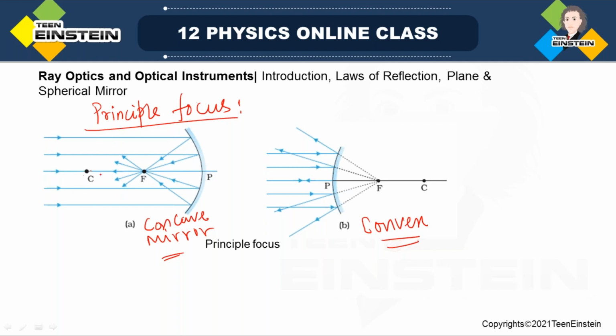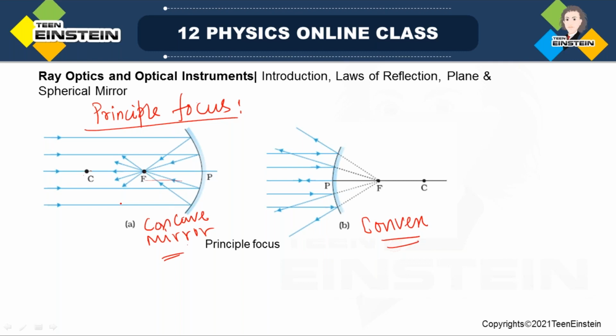A beam of light parallel to the principal axis CP, upon reflection at the concave surface of the spherical mirror, converges to a point on the principal axis.